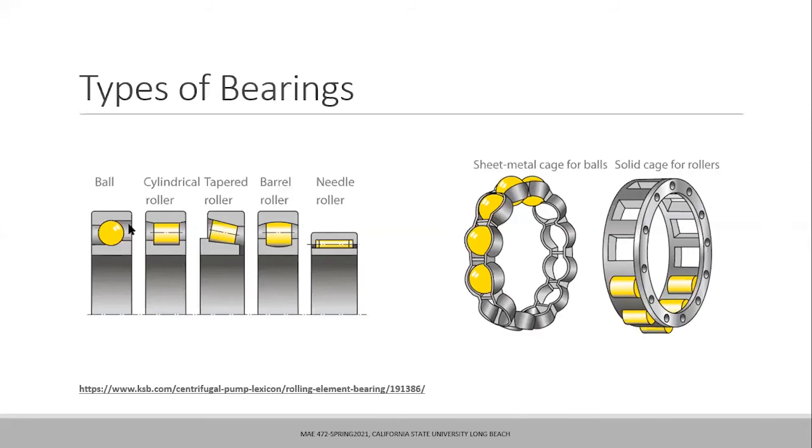Compared to the other bearings, which have higher load carrying capacity, the outer diameter of the needle bearing is smaller. That means it takes less space in the assembly. So these are some of the specific purposes or functions of different types of bearings.